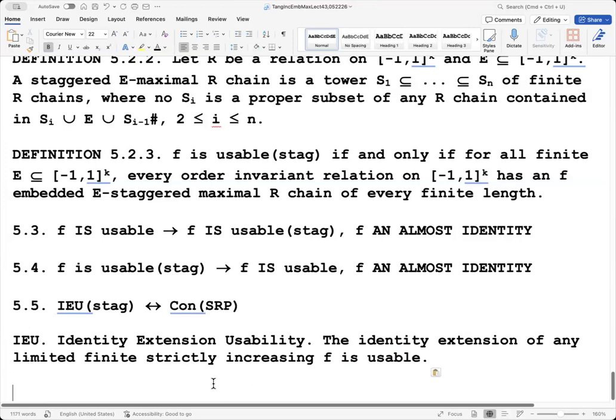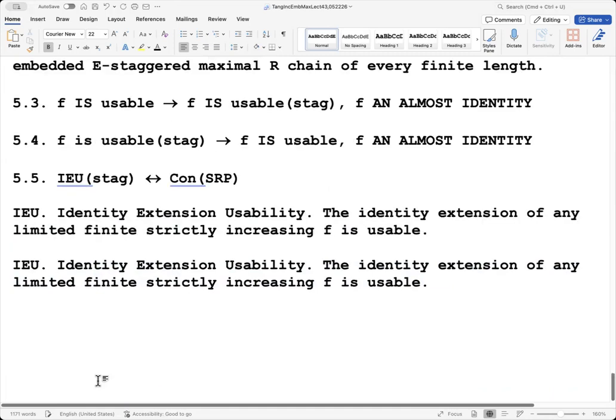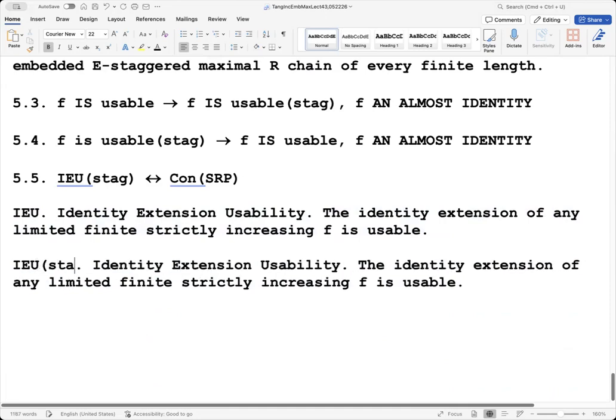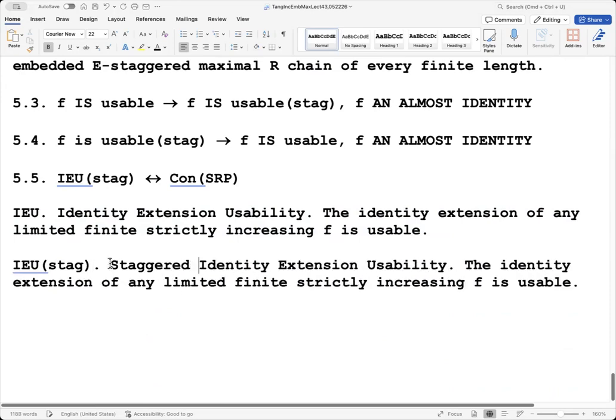Now let's make another copy of this, and this is going to be stag: staggered identity extension usability.